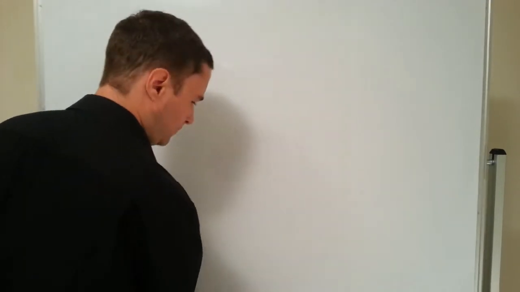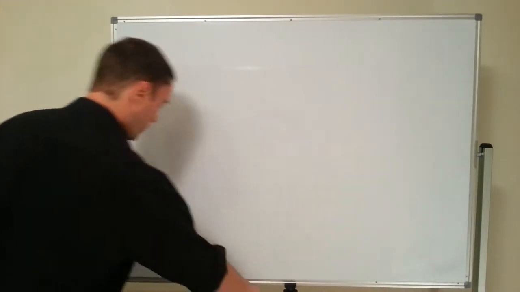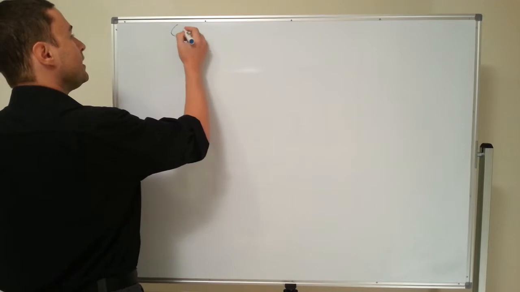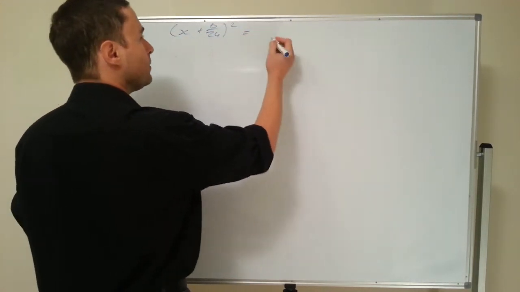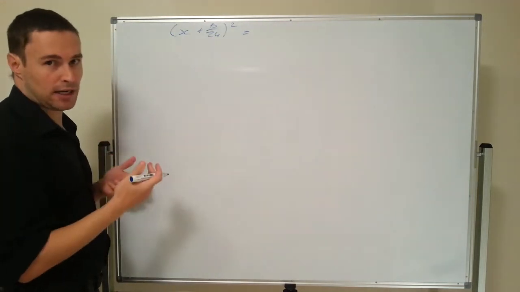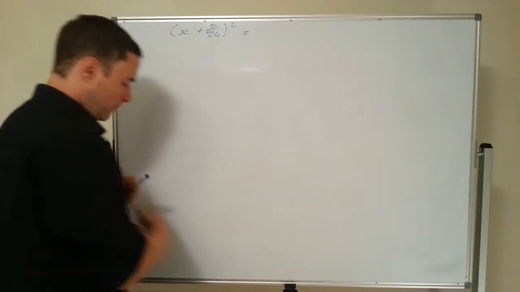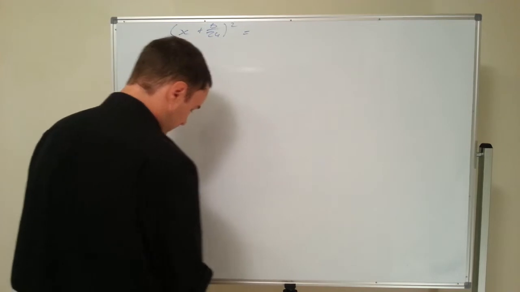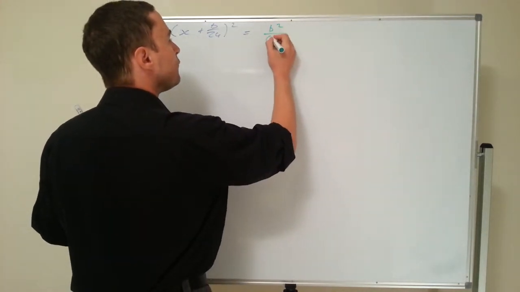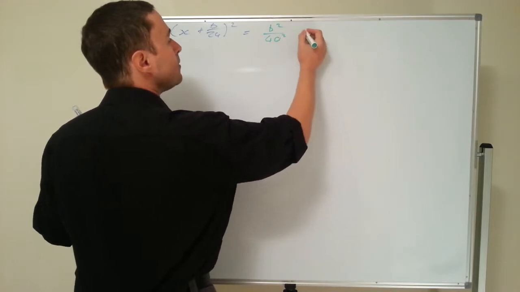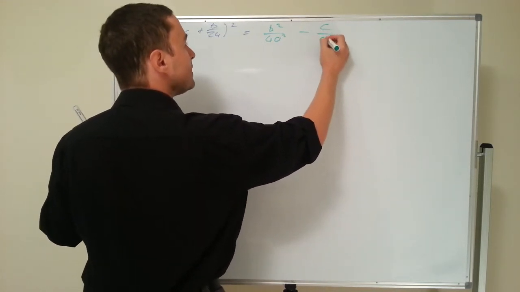So, here's what we've got. This is the last line. x plus b over 2a squared equals, let's just rewrite that in a nice order: b squared over 4a squared minus c over a.